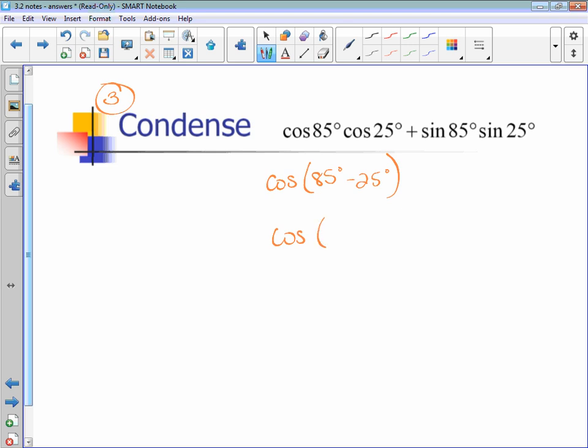And what is 85 minus 25? 60. And do you know the cosine of 60? Yeah. That's it. Okay, so it's just a matter of recognizing the formula and then working in the opposite direction.